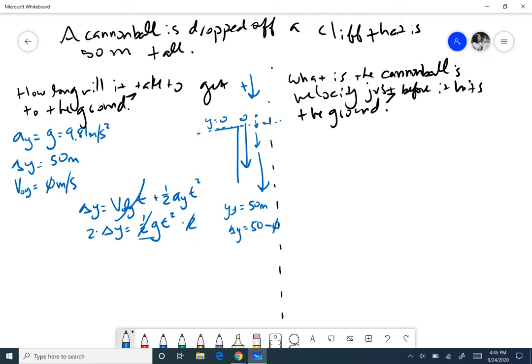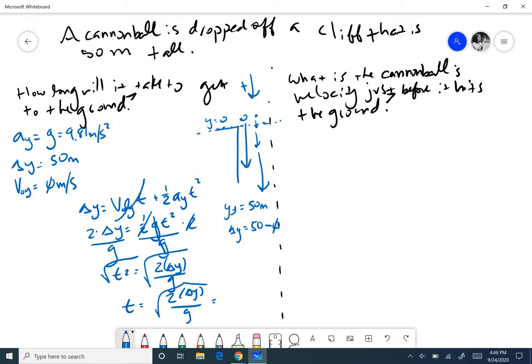And then I'm also going to divide away g on both sides. And that cancels. Let's rewrite this. T squared is equal to 2 delta y divided by g. But I don't want t squared, I want t. So I'm going to square root both sides. And it's going to be t equals the square root of 2 delta y divided by g.